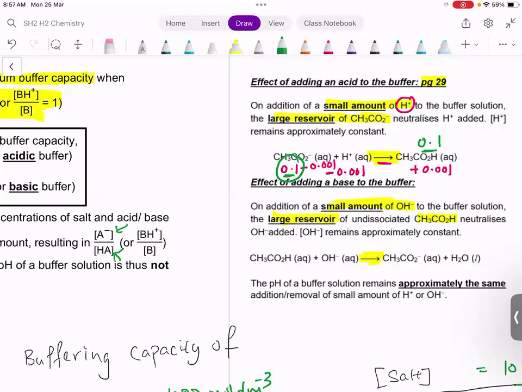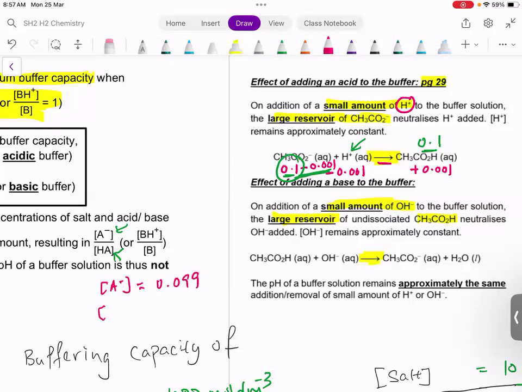What do I mean by this? When your small amount of H plus is removed by your A minus, then this will drop to become 0.099. Am I right? Your A minus becomes this after reaction. What is the value? 0.099.